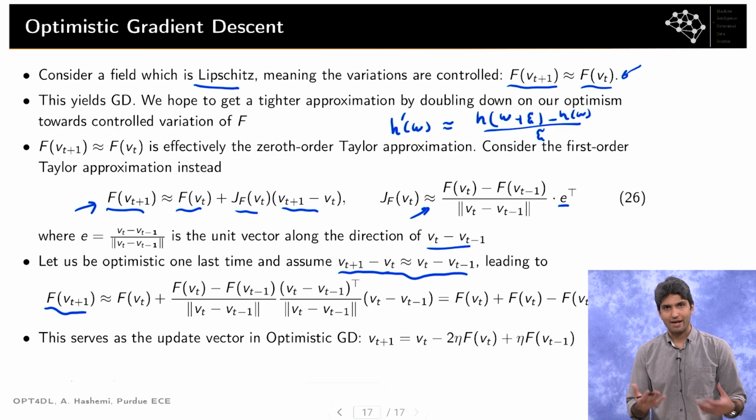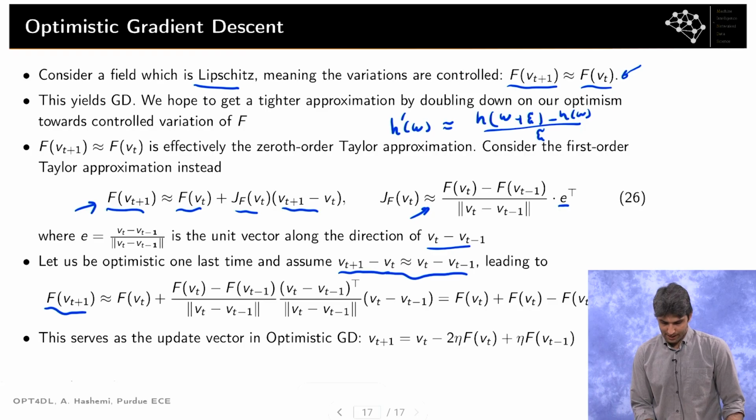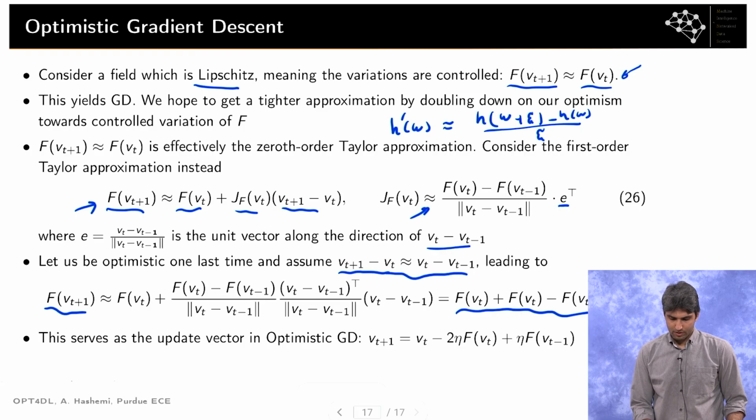In the numerator, I have the inner product of Vt minus 1 with itself, which is essentially the Euclidean norm squared. So the two terms cancel, and I'm left with this simple looking update.